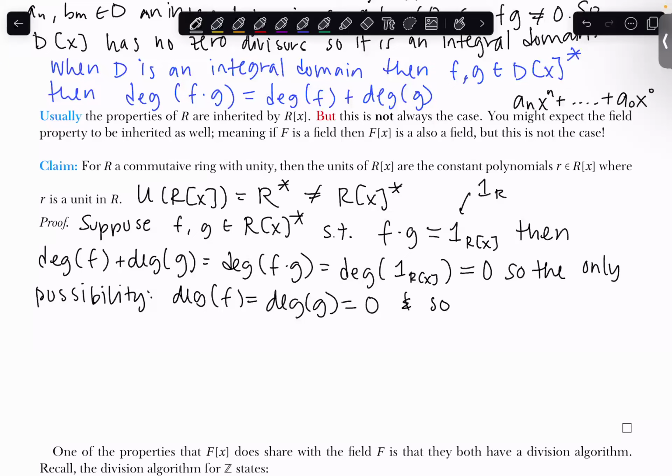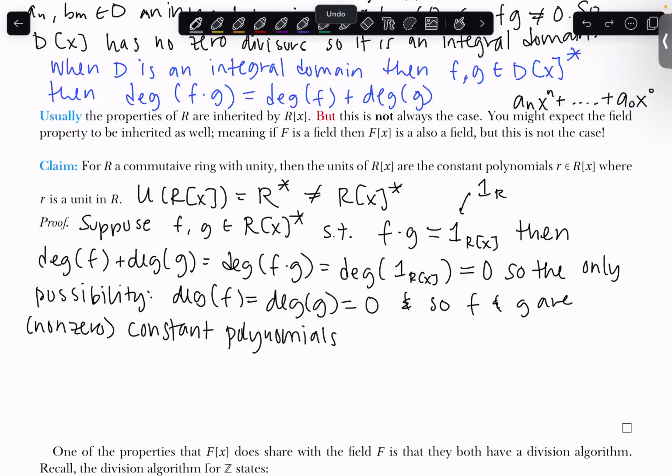So f and g are, again, non-zero constant polynomials. So I can say f is equal to some element r in my ring, and g is equal to some element s in my ring. So these are our constant polynomials. I don't see any x's showing up here. I just see the constant coefficient that comes from my ring R.